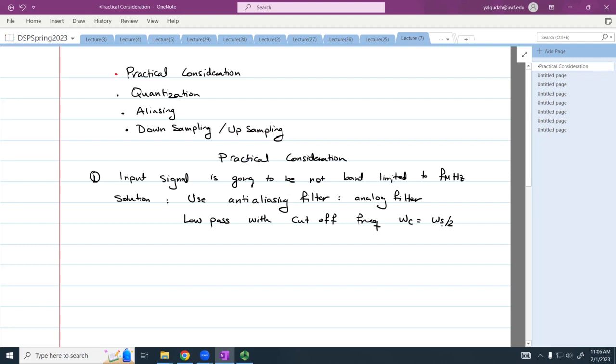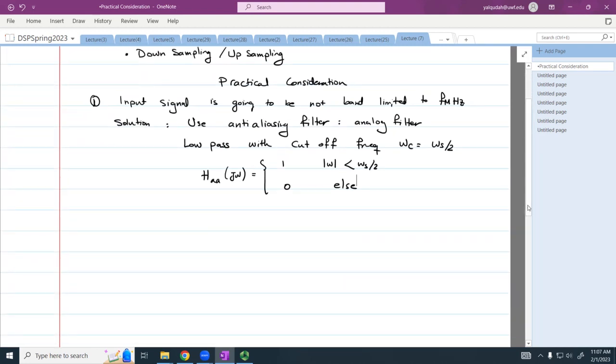So whatever our sampling frequency is, we're going to take it through an anti-aliasing filter that will remove all the components for a frequency that is greater than omega s over 2. And this is what we have in the homework in the second problem, the use of the anti-aliasing filter.